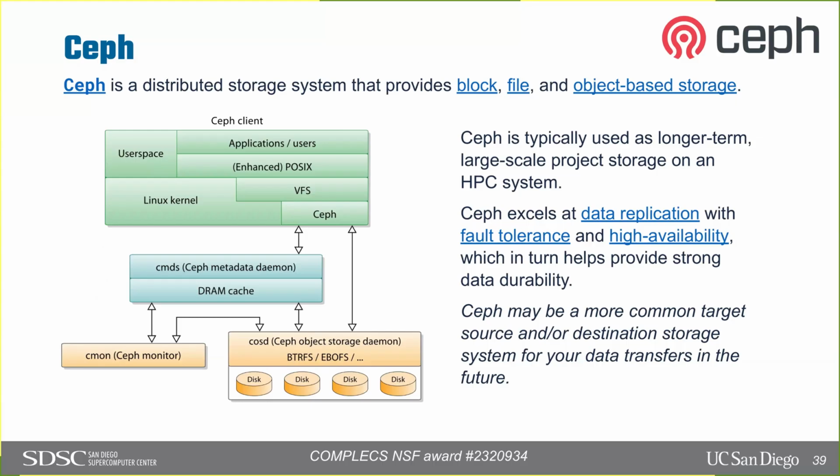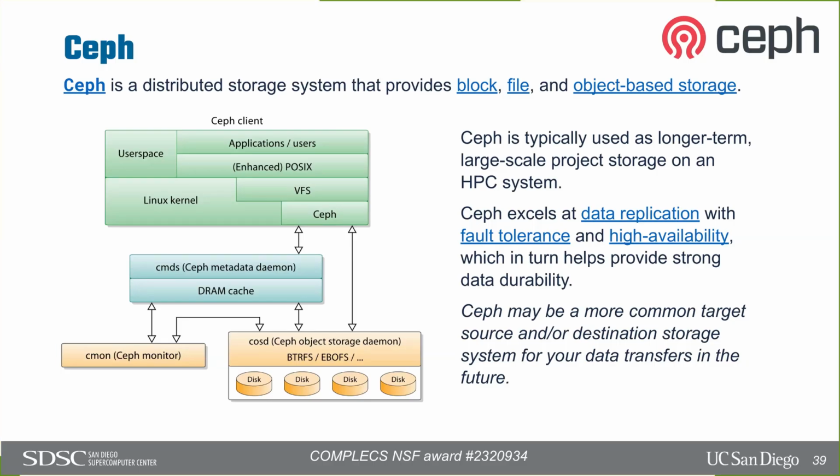Ceph is newer, well, not newer, it's probably 20, 25 years old now, but it's more of a storage system that provides different types of actual file systems. It supports block and file storage, but is also popularly used for object storage. Object storage is different from traditional POSIX file systems; it's kind of like cloud storage, Amazon S3, if you're familiar with it.